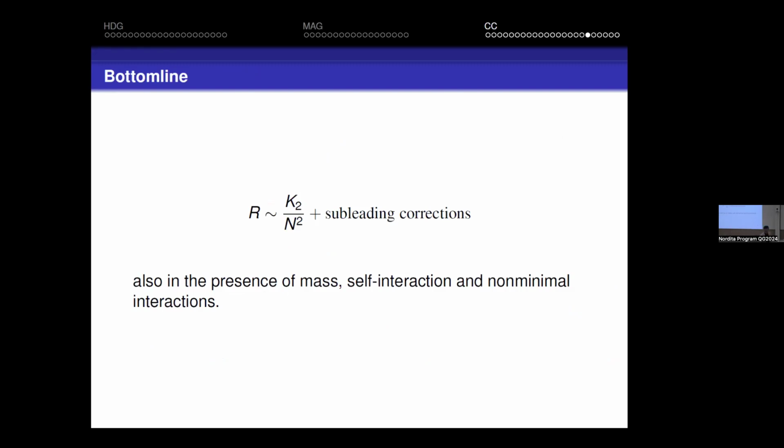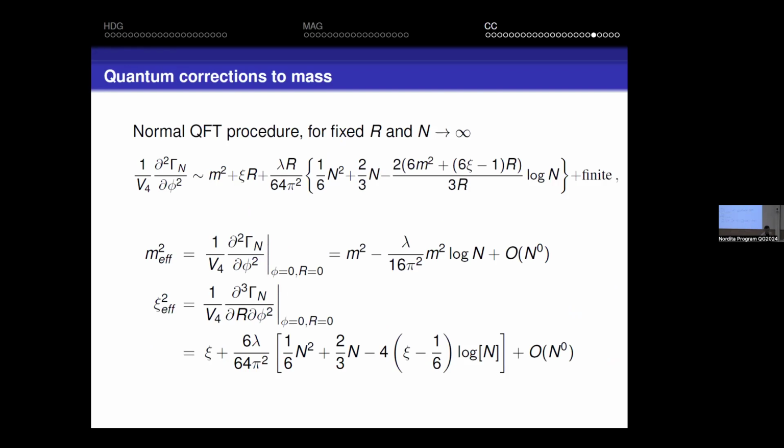And now we would like to compute the effective potential. In particular, we want to know what is the effective mass and the effective quartic interaction in this theory. So the effective mass you can compute by computing the second derivative of gamma with respect to phi squared.